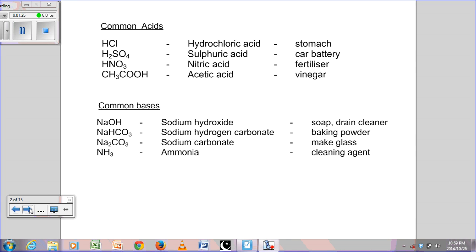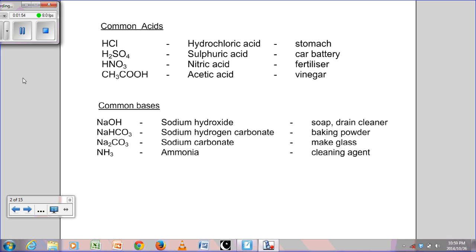If you look at common acids that we know, common acids will refer to HCl, which we know as hydrochloric acid. Hydrochloric acid is found in a person's stomach, which assists in digestion. H2SO4 is called sulfuric acid, which is found in battery acid, which is used in a car.